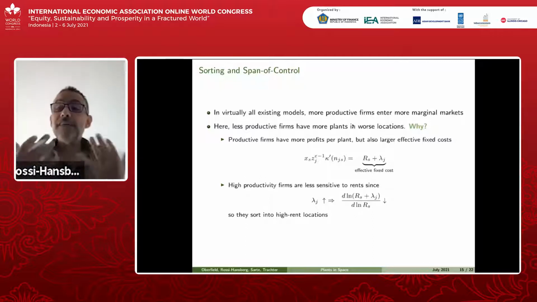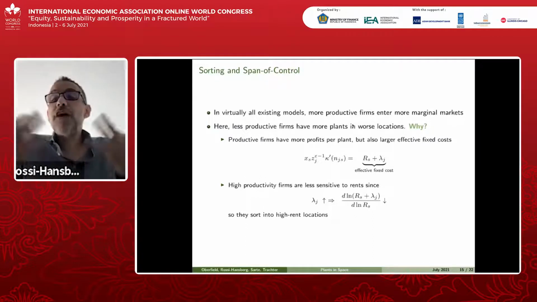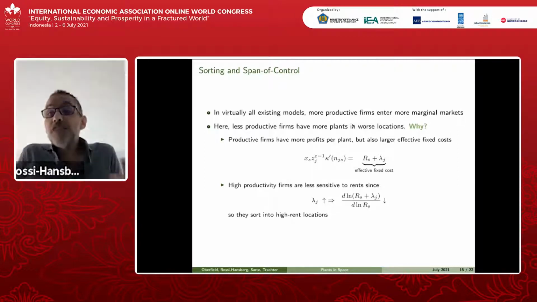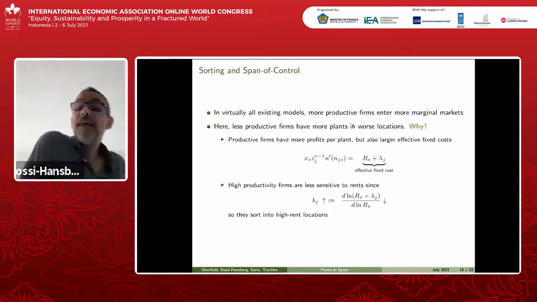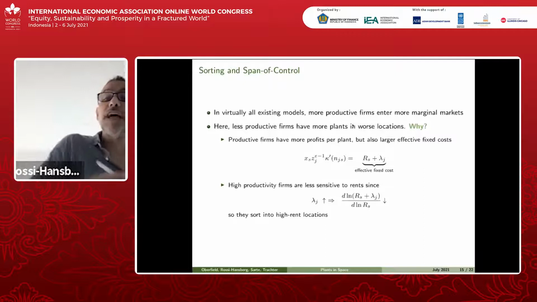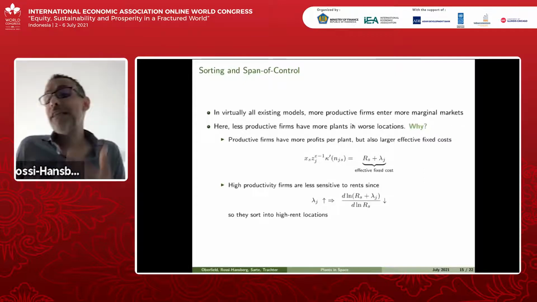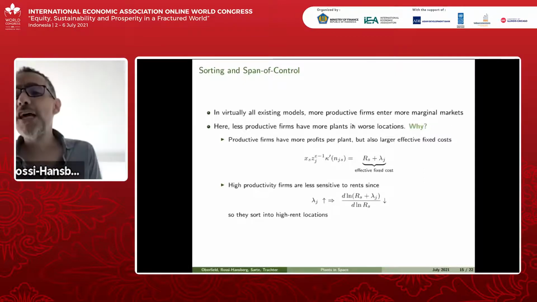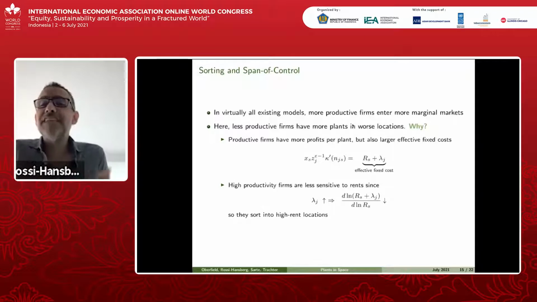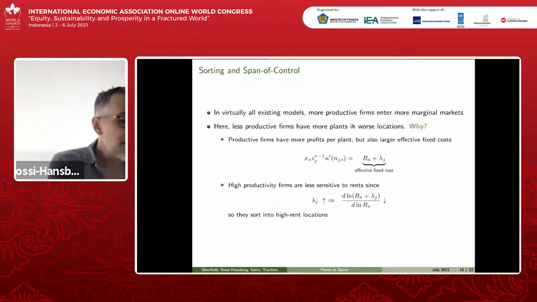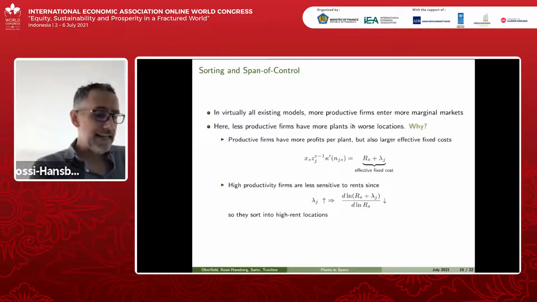And so in very high rent locations, the issue is the rent. The rent is high, and the low productivity firms really care about that. They tend not to go there, while the high productivity firms do go there, because rent in some sense is a smaller fraction of their fixed cost. Okay, so that's the argument in this slide.